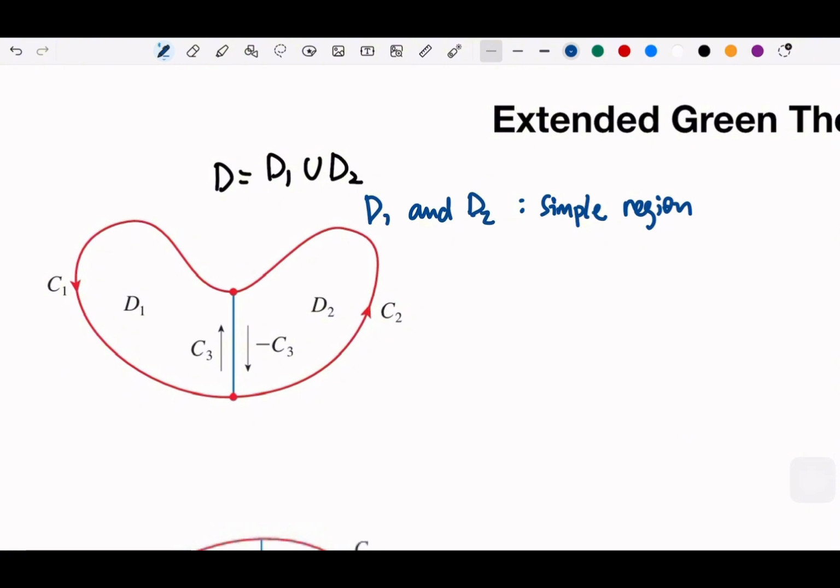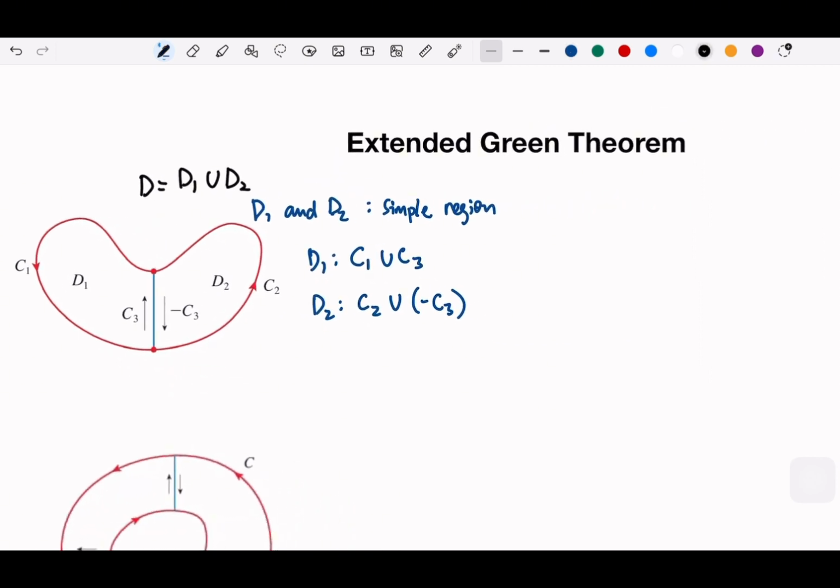The boundary for D1 will be C1 and C3, and the boundary for D2 will be C2 with negative C3. If we apply Green's theorem for both regions, the first one has the curve C1 and C3, and we apply it as usual.